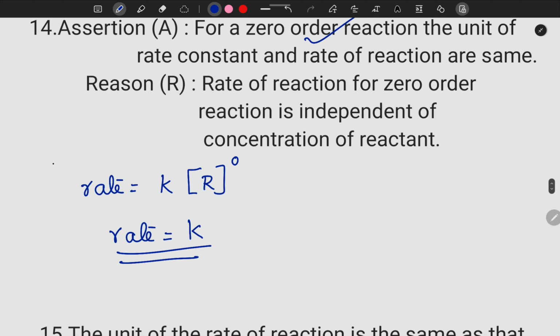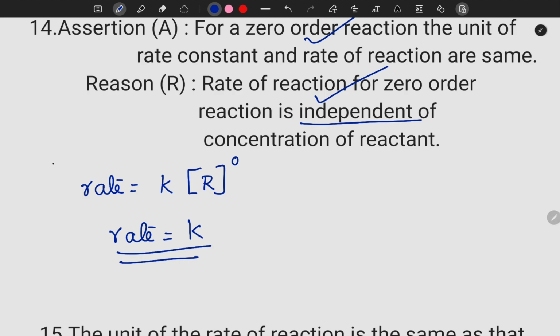Then reason, rate of a reaction for a zero order reaction is independent of concentration of reactant. That is a correct statement. We can see from the rate law expression.